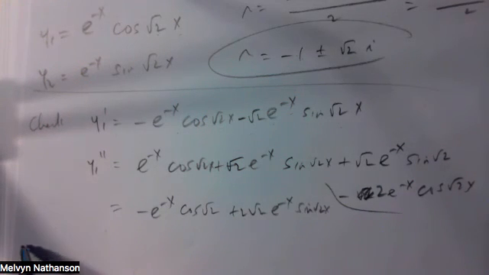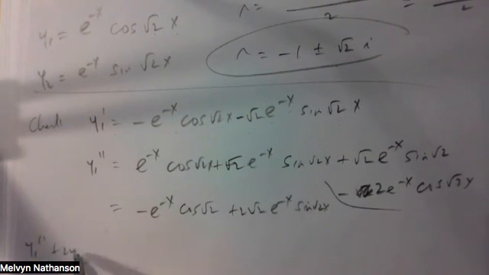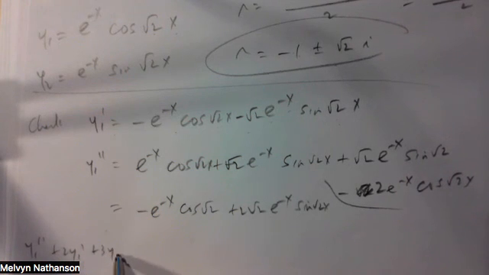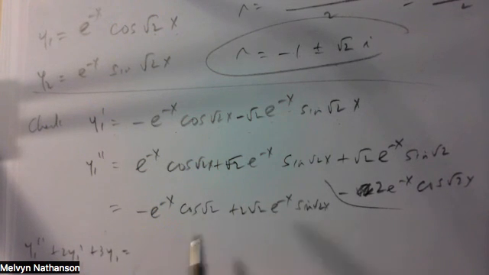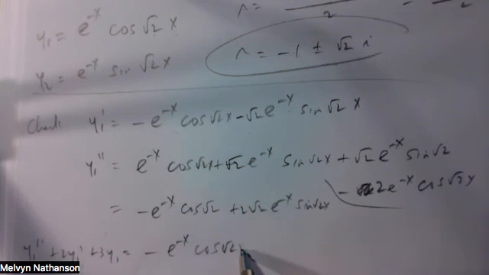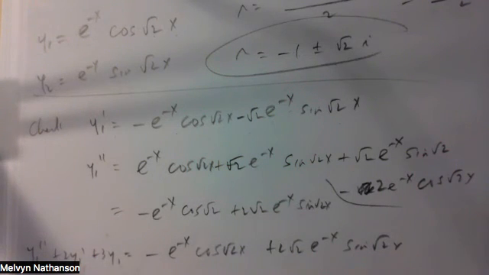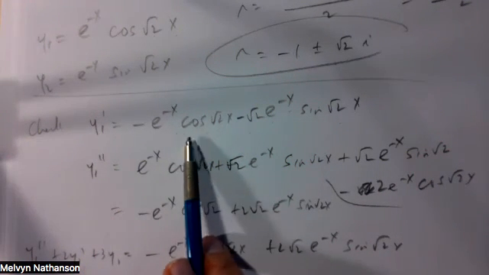So if I take y1 double prime plus 2y1 prime plus 3y1, that's equal to this, minus e to the minus x cosine root 2x plus 2 root 2 e to the minus x sine root 2x, plus 2 times y1 prime.